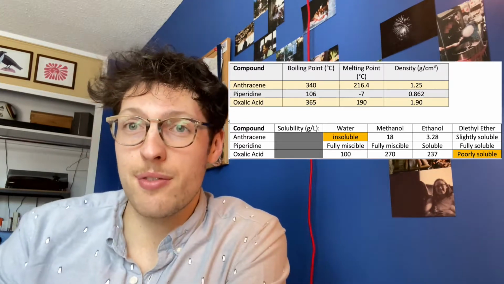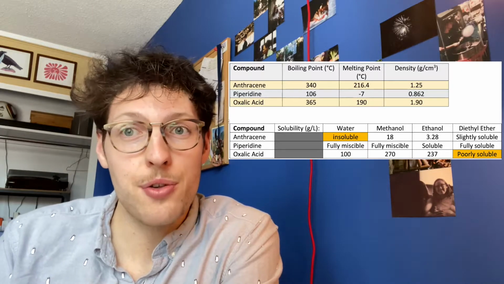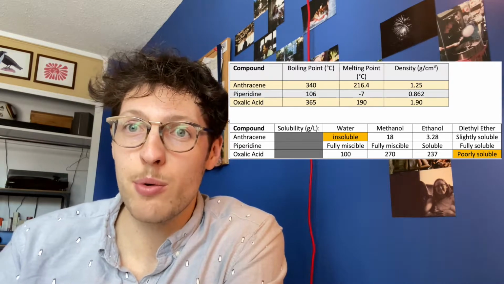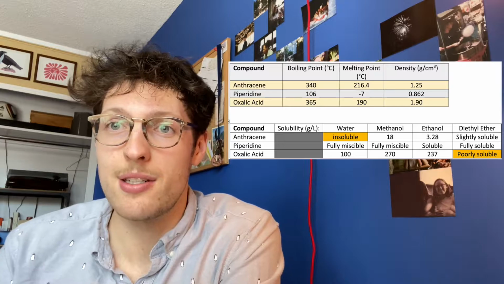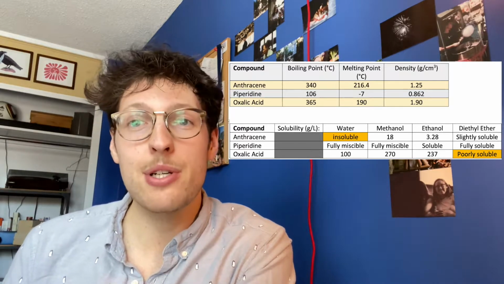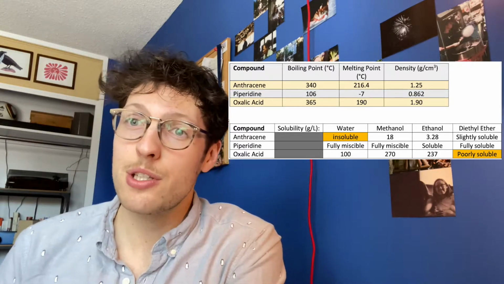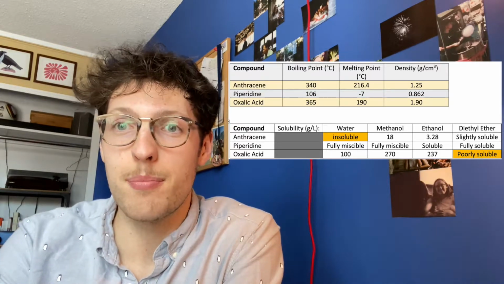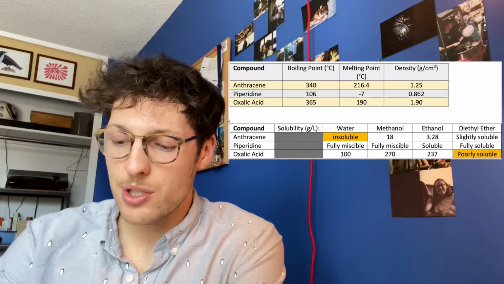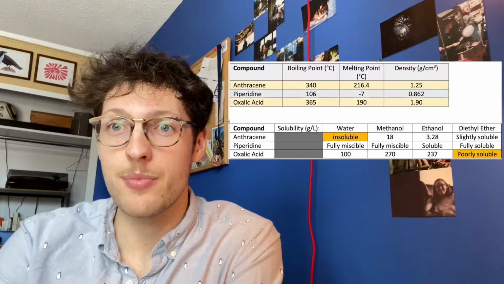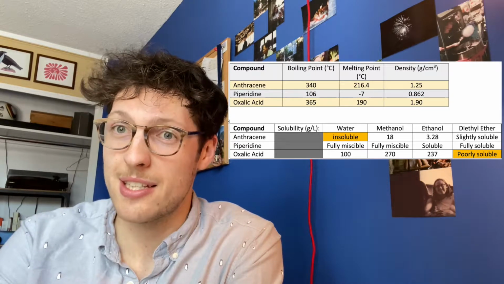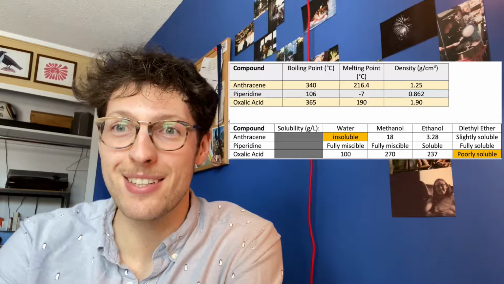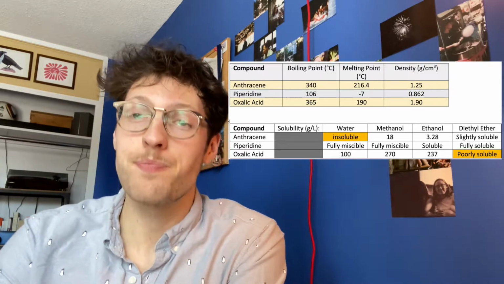So now if we've gravity filtered the anthracene out of solution, we will be left with water, piperidine and oxalic acid. If you look at the solubilities again, you can see that piperidine is fully soluble in diethyl ether, whereas oxalic acid is not. And it is still soluble in water.